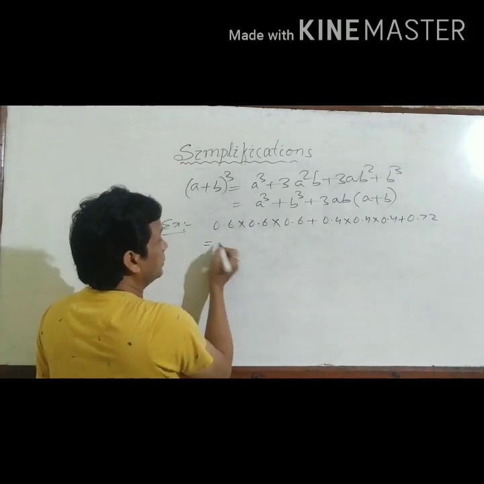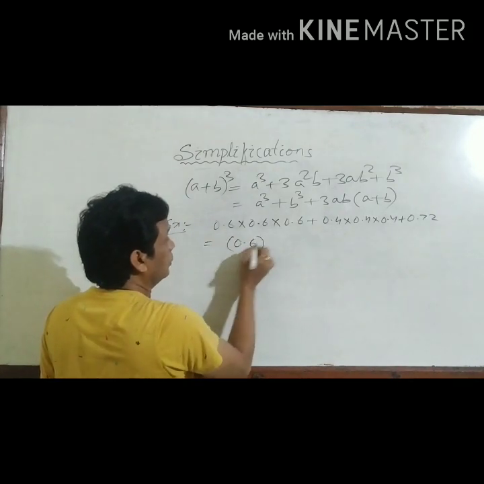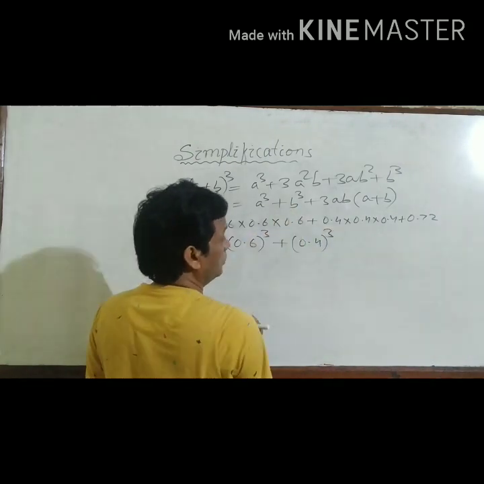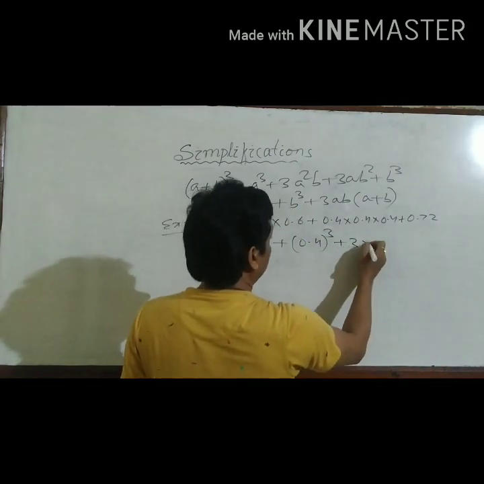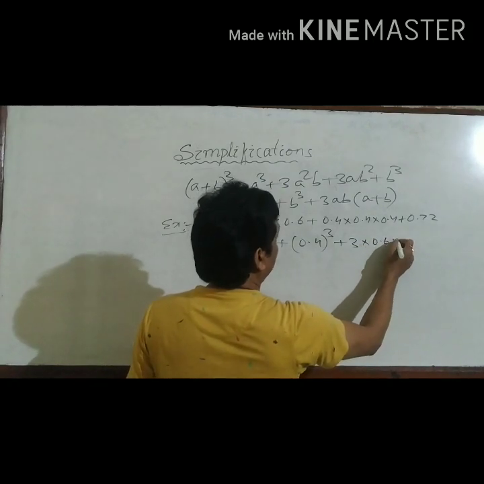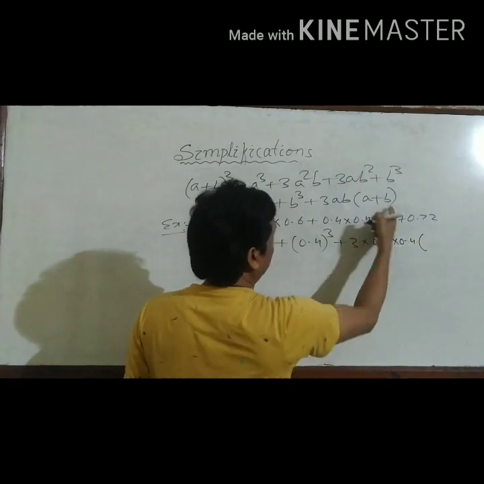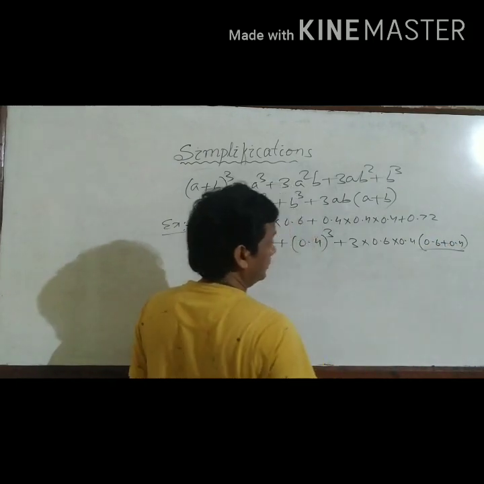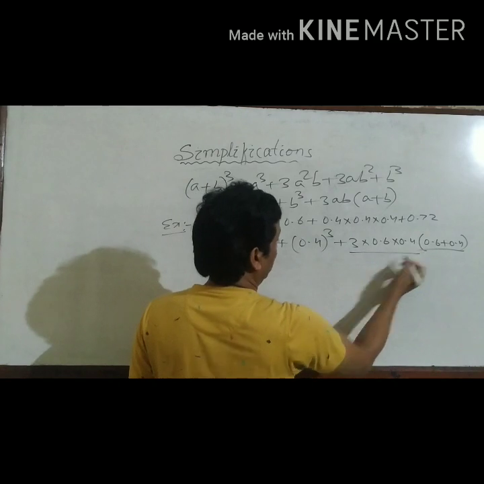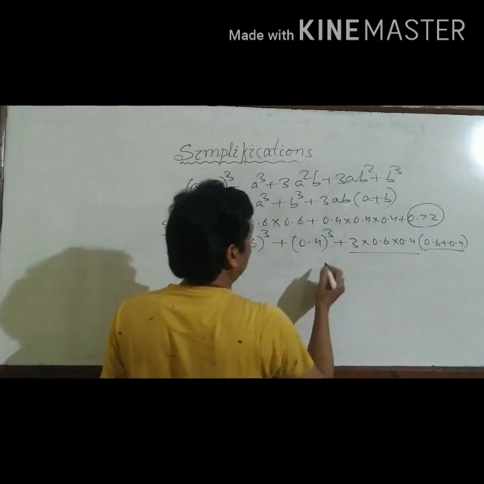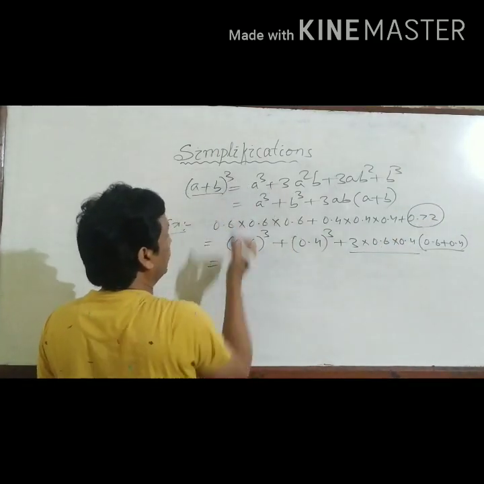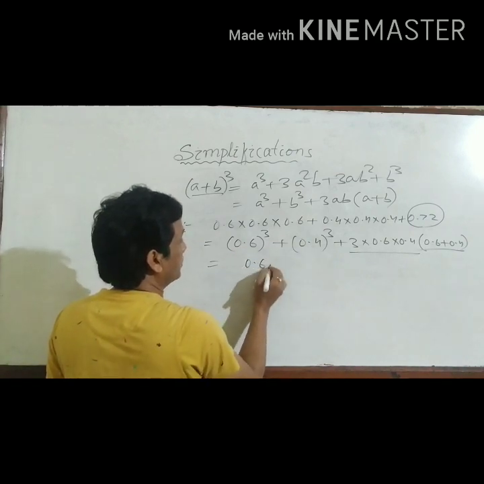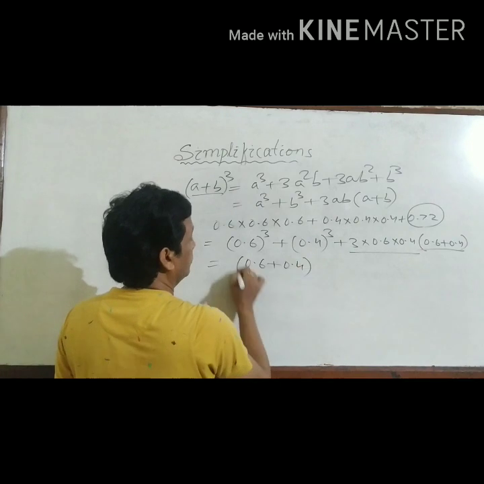Here it is (0.6)³ + (0.4)³, that is a³ + b³, plus 3 × 0.6 × 0.4 × (a + b), where 0.6 + 0.4 becomes 1 and the product is 0.72. So the answer will be (a + b)³, that is (0.6 + 0.4)³.